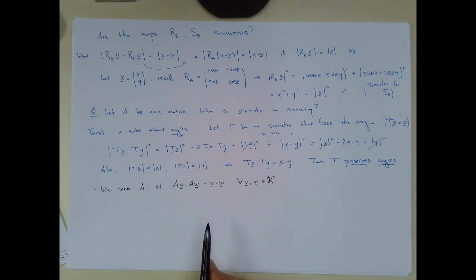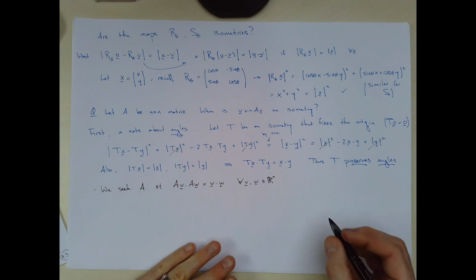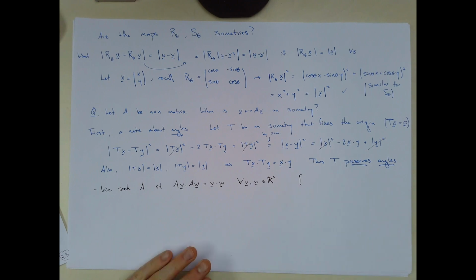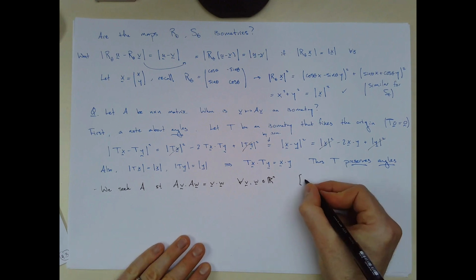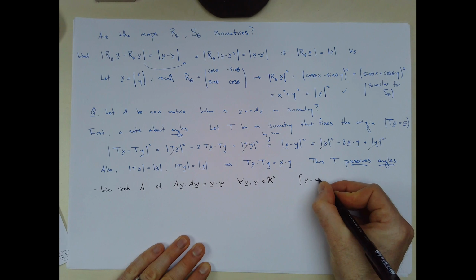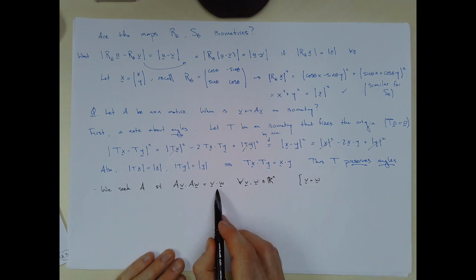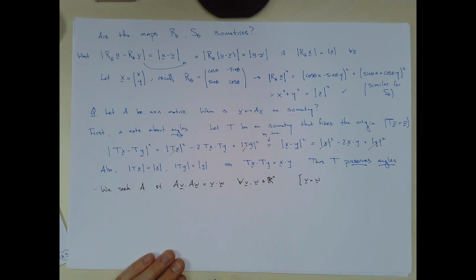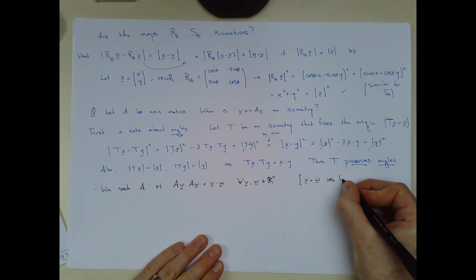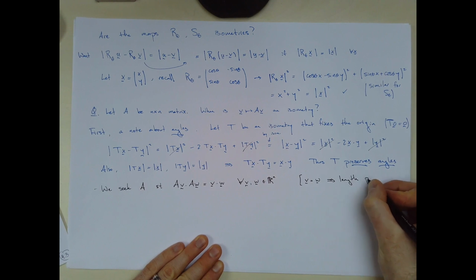If you want to verify that that is going to give us isometries for A, you might note that if we take V equals W, any A that satisfies this is going to be length preserving, because it's magnitude of AV squared on the left and magnitude of V squared on the right.